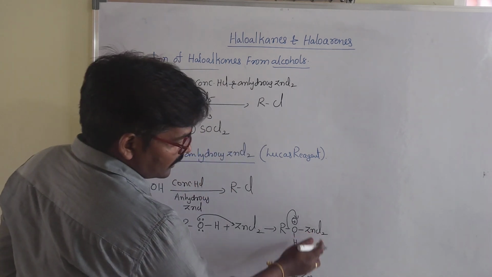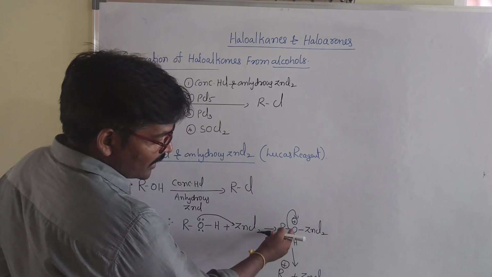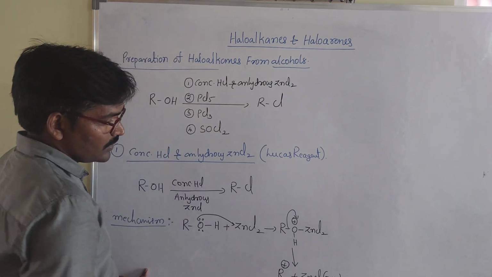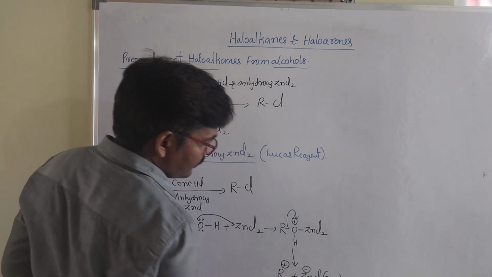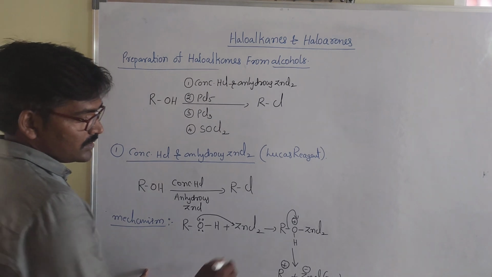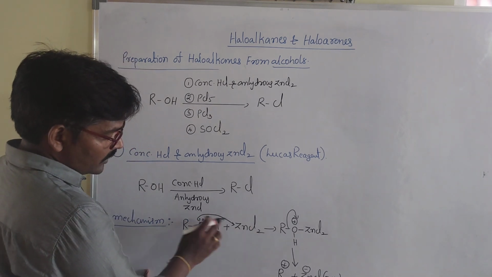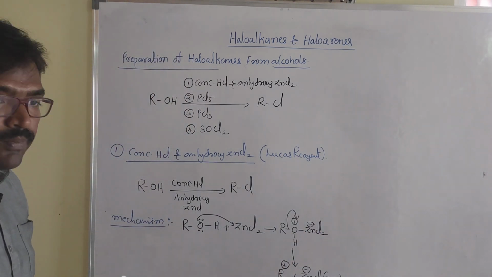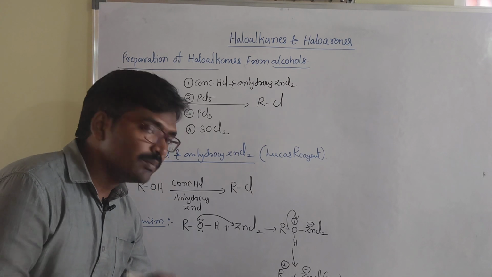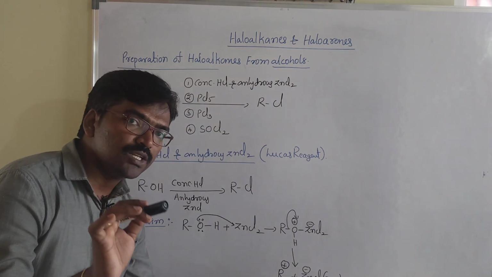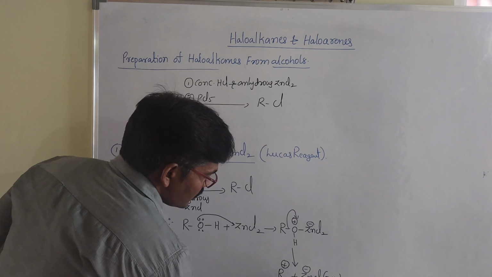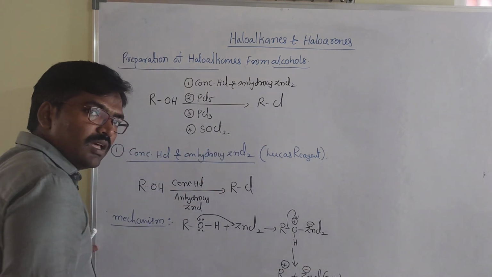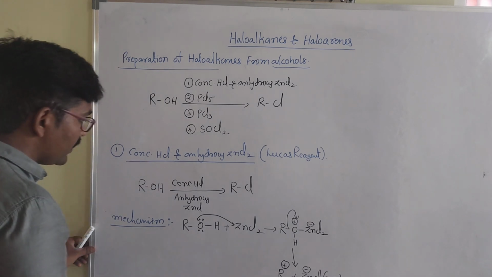Zinc already contains two chlorine atoms, then OH is also present, so a negative charge will be formed here. R+ is nothing but the carbocation. Formation of the carbocation is the RDS step, the rate determining step. Remember that.